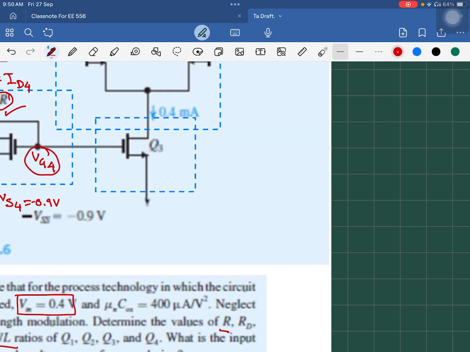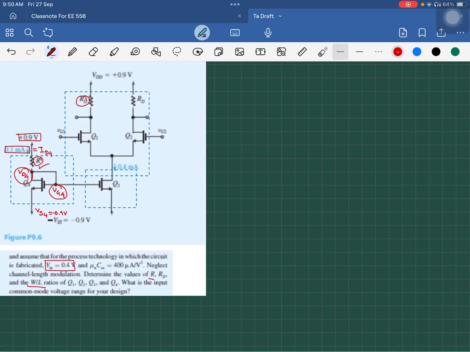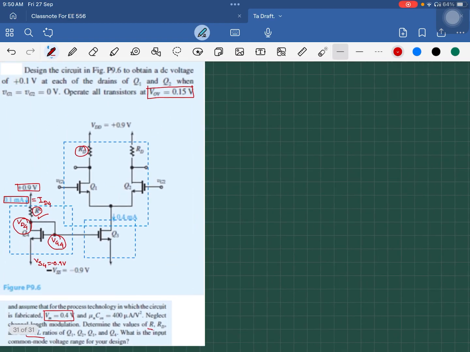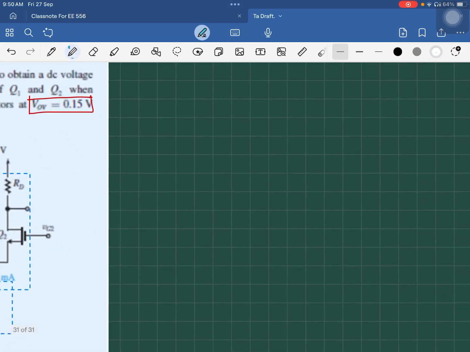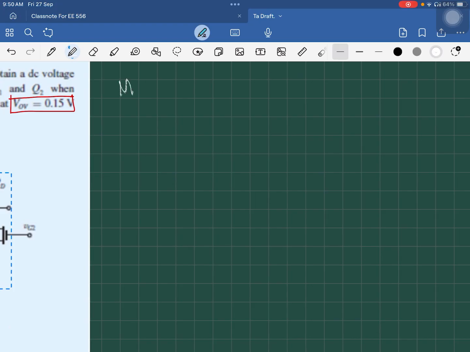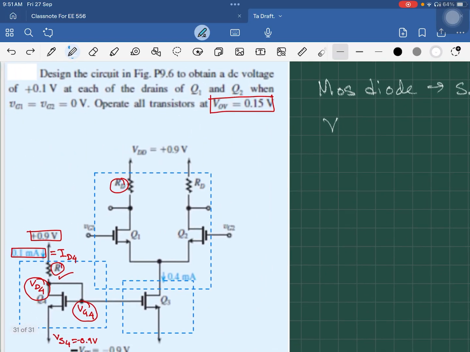As it is a MOS diode, we know that a MOS diode works in the saturation region. So we can use it later on.